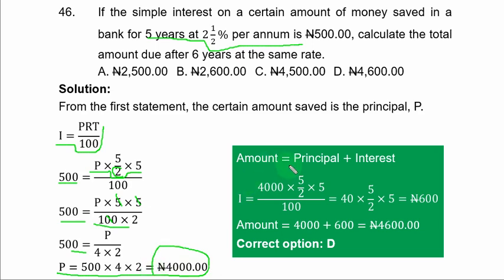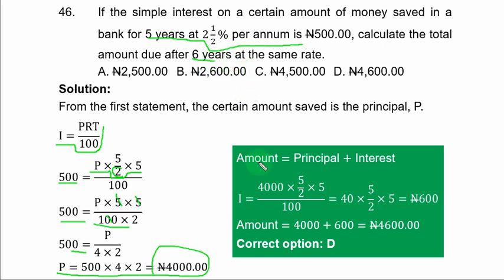Now, amount is principal plus interest, but that is the total amount when the interest after 6 years at the same rate is known. So from the second part, using the principal, you get the interest.